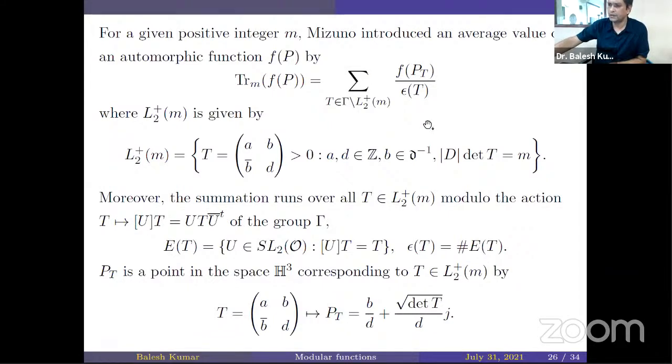It turns out that this L2 plus m modulo gamma is in fact a finite set, so this sum runs over a finite set. The sum is f of P_T over epsilon of T, where epsilon of T is the cardinality of the stabilizer group under the action of SL2(O). And so Mizuno defined this analog of the average value at CM points in the complex upper half plane, which we saw, in the three-dimensional hyperbolic space in this way.